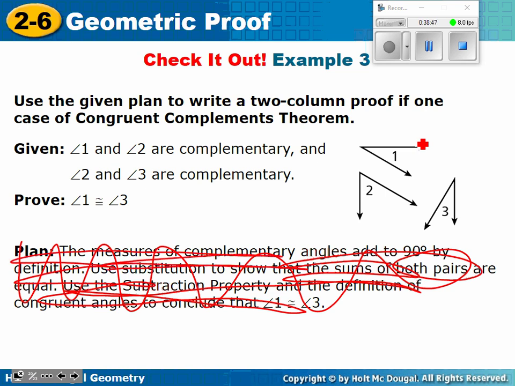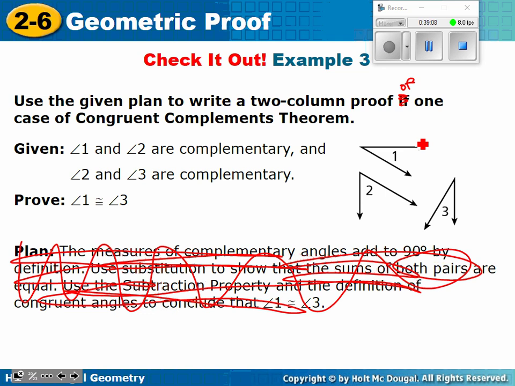But here's the thing I need to point out, and this might catch you on the homework, so be careful. It says use the plan to write a two-column proof of one case of the congruent complements theorem. They're wanting you to prove the congruent complements theorem.